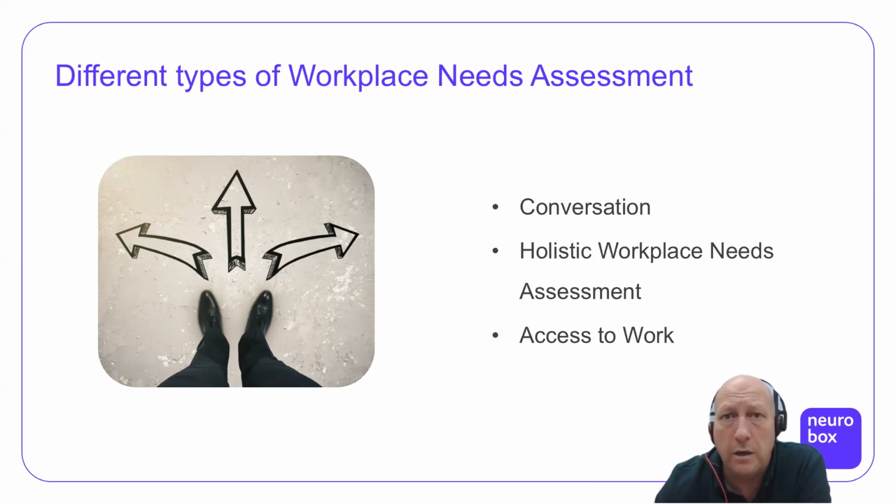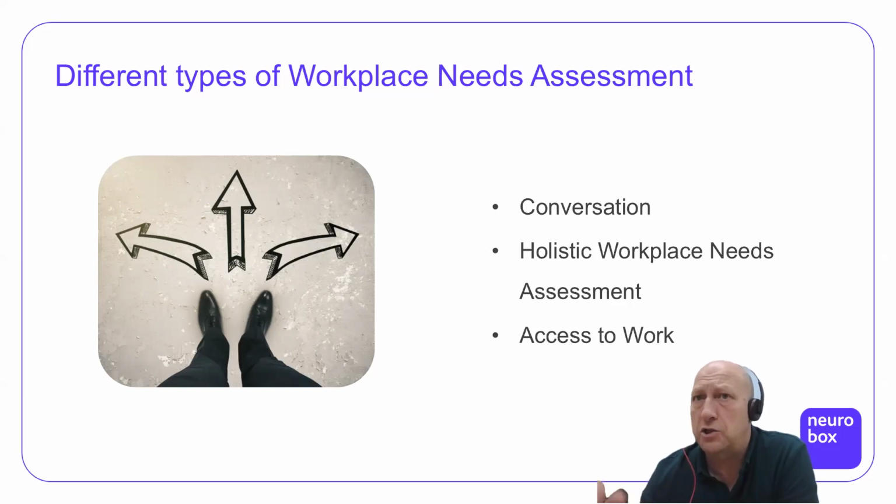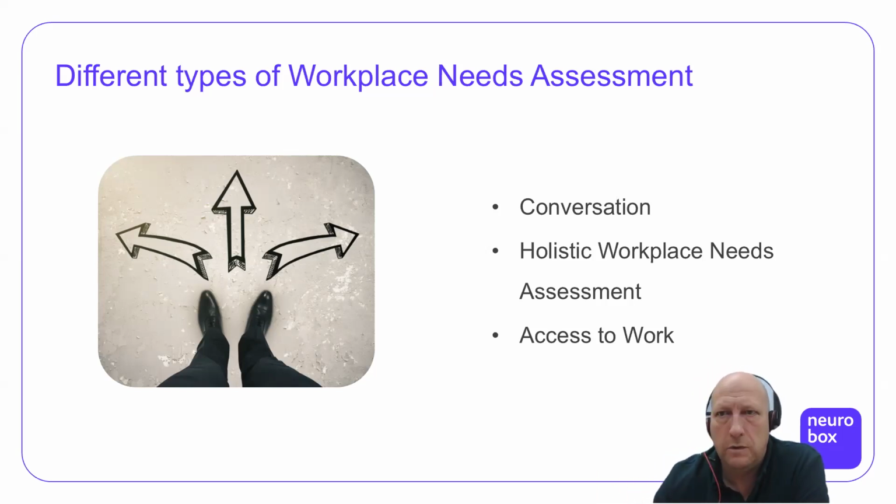So as an employer or an employee, my Access to Work report will suggest things like training, equipment, software, coaching, etc. But it might not cover things like changes to working practices, perhaps flexibility around breaks, for example, because they're not going to have a cost attached to them.